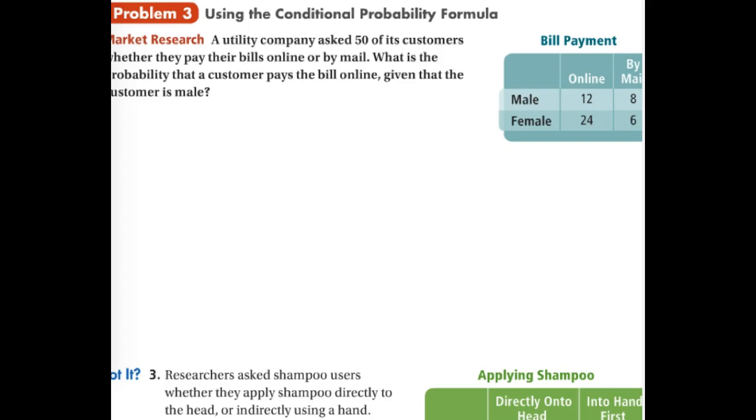So, what is A and what is B? A has to happen first, right? What is the probability that the customer pays the bill online given that the customer's male? So what is A? A is male. We're looking for the probability that they pay online, knowing that we've already picked a male customer.